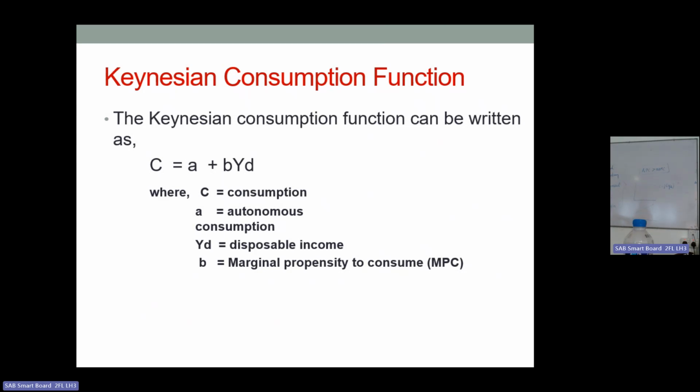The slope of the consumption function is given by the marginal propensity to consume. The responsiveness of consumption to a change in income is explained by the marginal propensity to consume. That is delta C over delta Y. So a change in income brings a change in consumption.